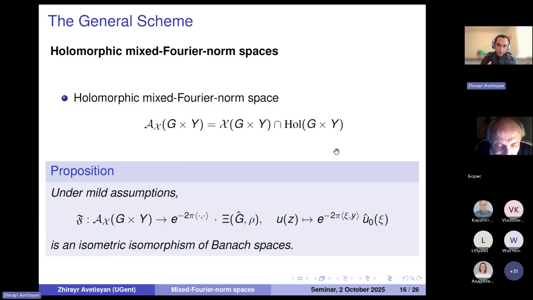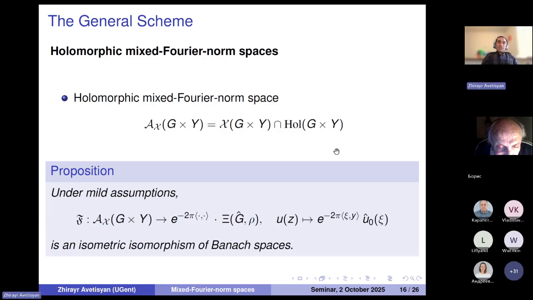One particular implication of this is that, remember that we proved that Xi G hat rho, this weighted space, was complete. It's a Banach space. This proposition then indirectly proves that although the full mixed Fourier norm space wasn't proven to be complete at this generality, the subspace consisting of holomorphic such elements is complete.